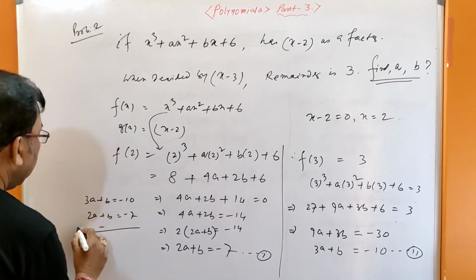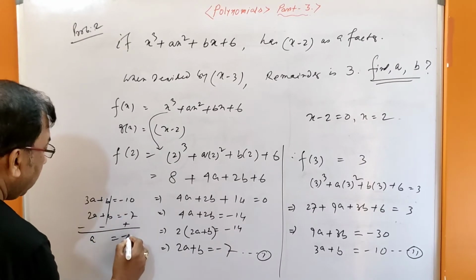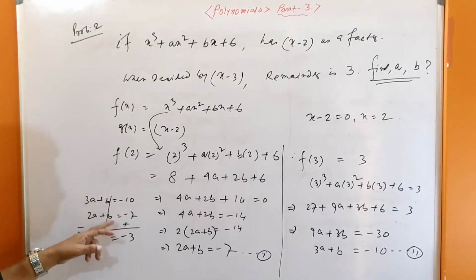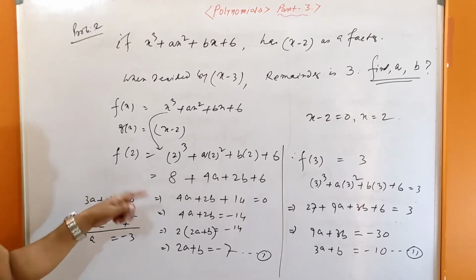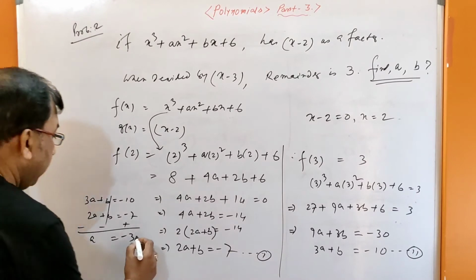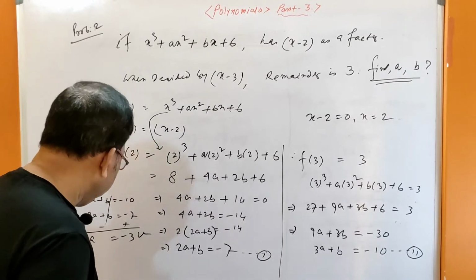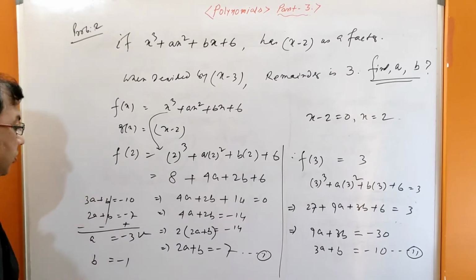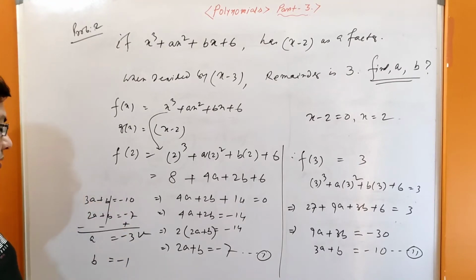Clear? So subtract, b will get cancelled, and a equals 1. Clear? So the value of a is 1, and the value of b will come out. Put the value of a here: b equals minus 10 minus 3, which is minus 13. Do it again.